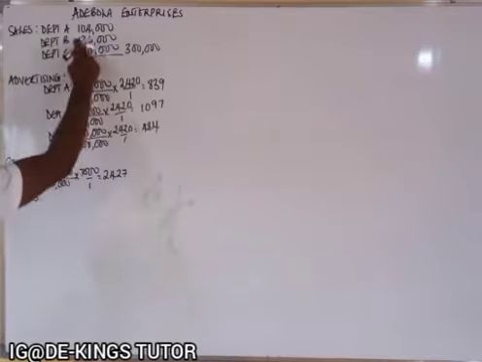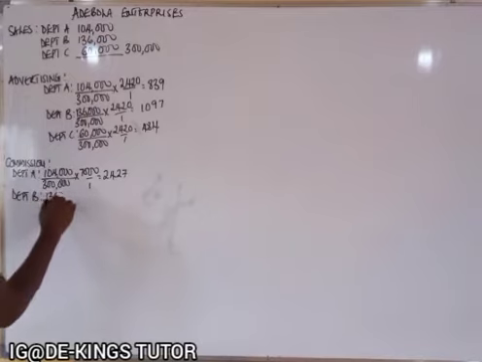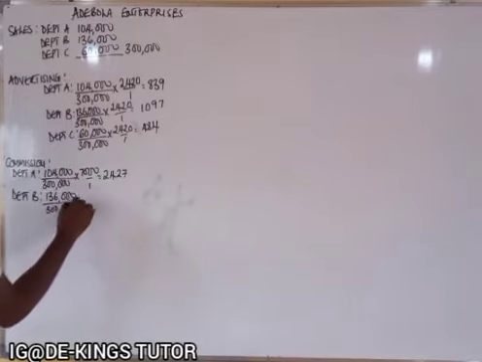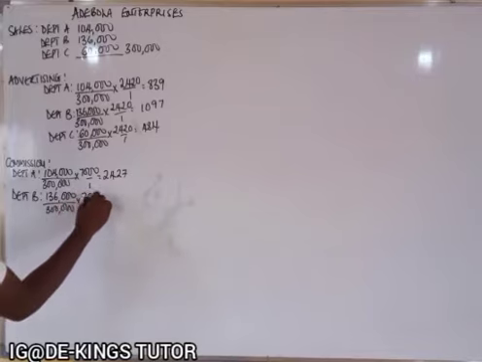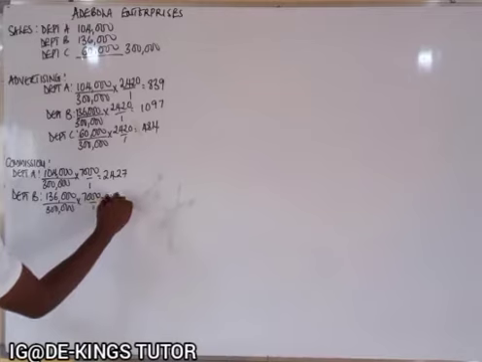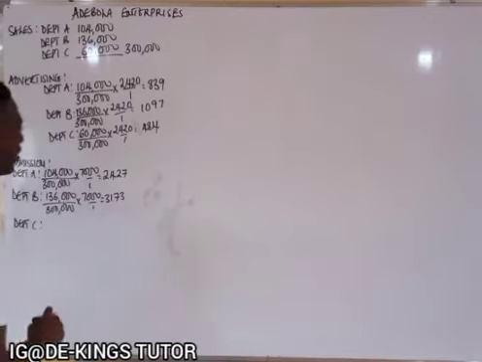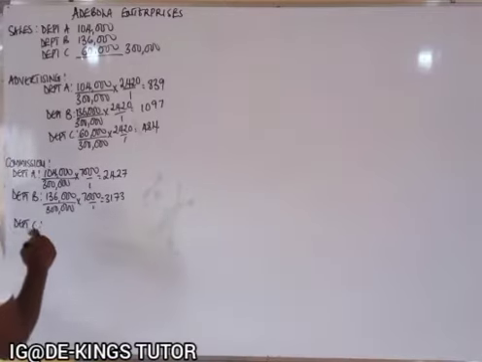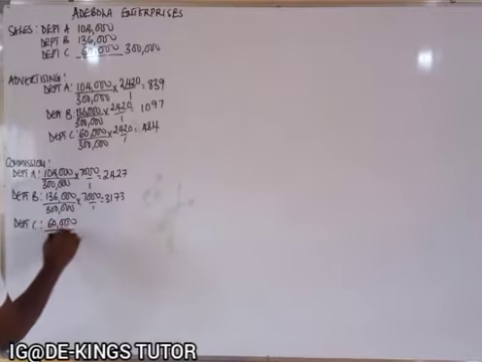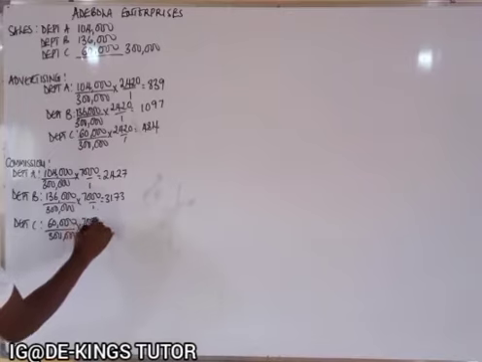Okay, the next one is Department B. Department B is 136,000 divided by 300,000 times 7,000 over 1. This will give us 3,173. Okay, the next one is Department C. I'll have Department C as 60,000 divided by 300,000 times 7,000 over 1.